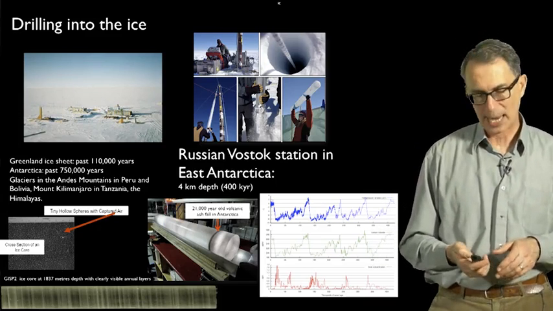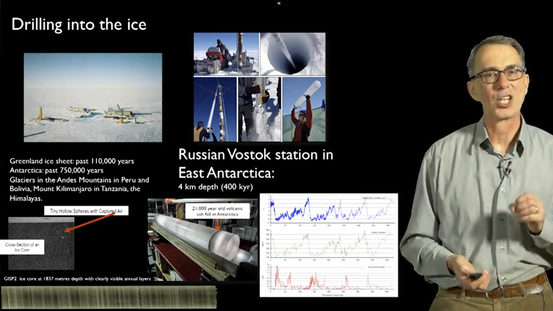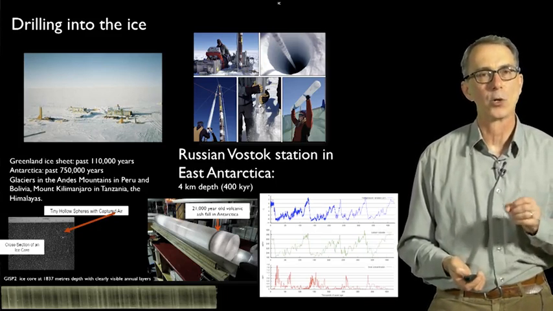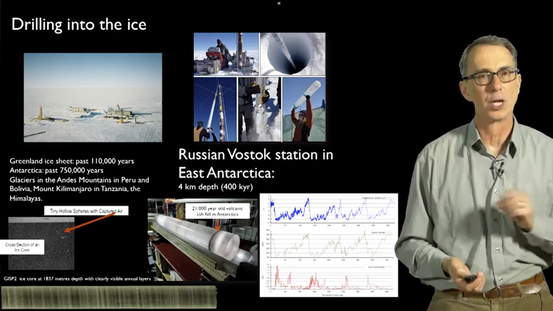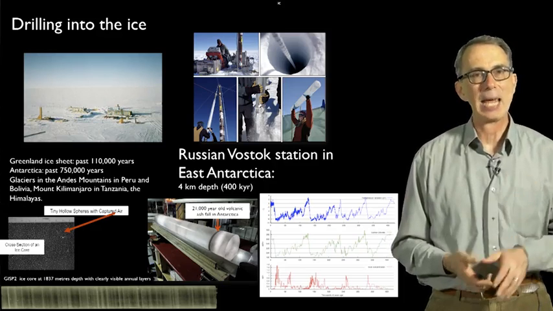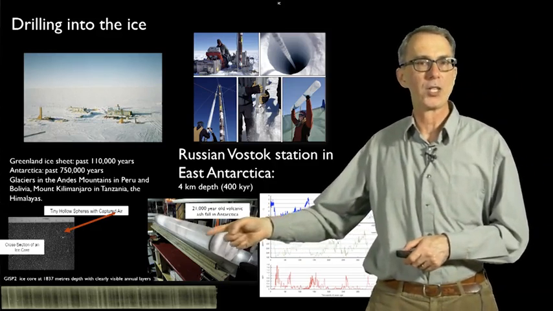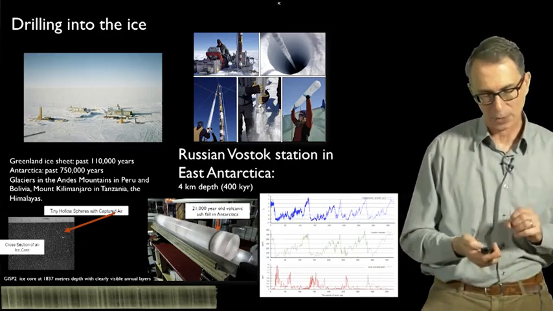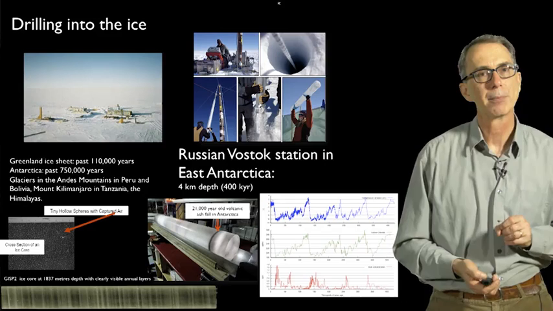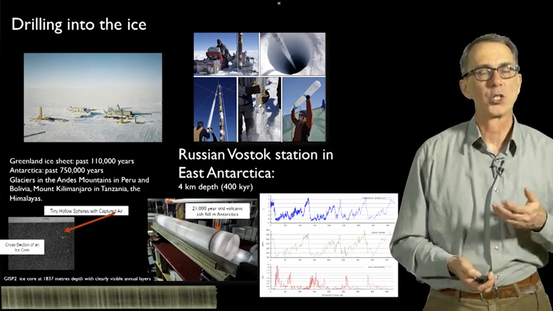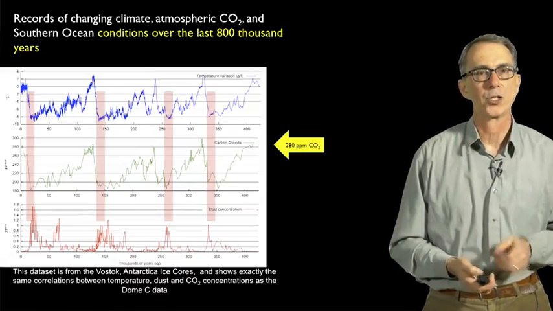And we can use that data both to look at the changes in the oxygen-18 to oxygen-16 ratio to infer temperatures, and from the air bubbles that are trapped in these ice cores, we can extract the air samples and get information about the changes in carbon dioxide variations.